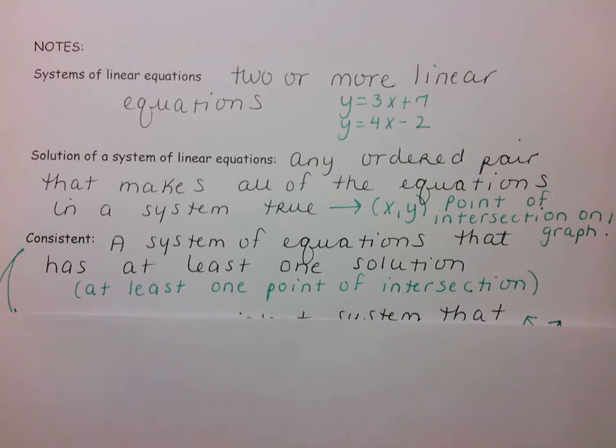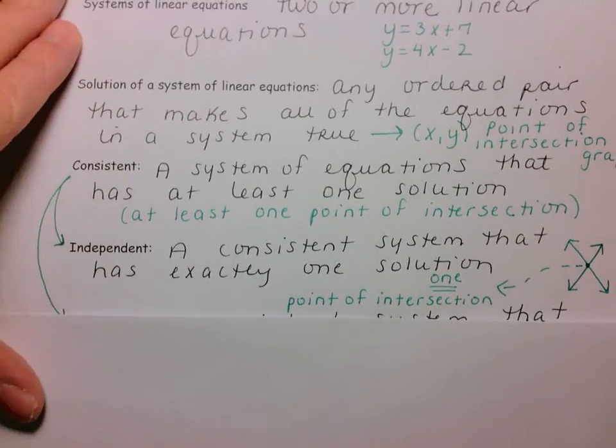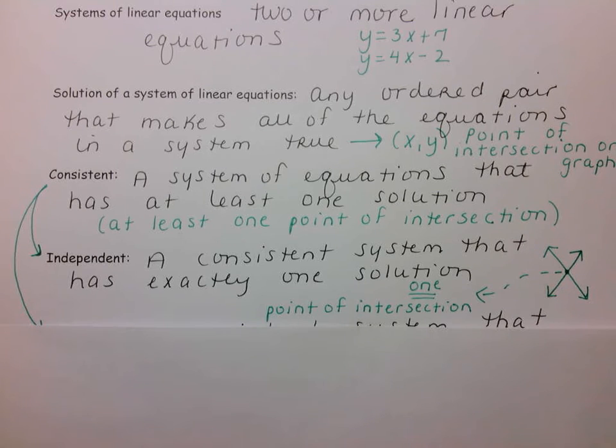There is at least one point of intersection. A consistent system can either be dependent or independent. An independent system is a consistent system that has exactly one solution. So there is one point of intersection.